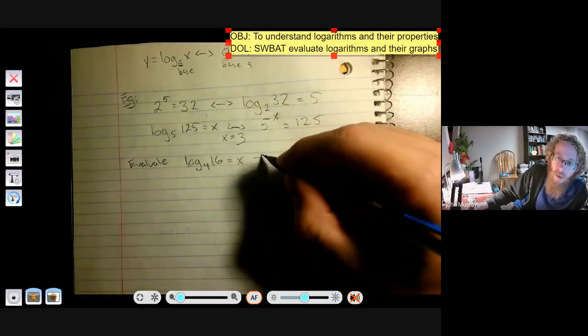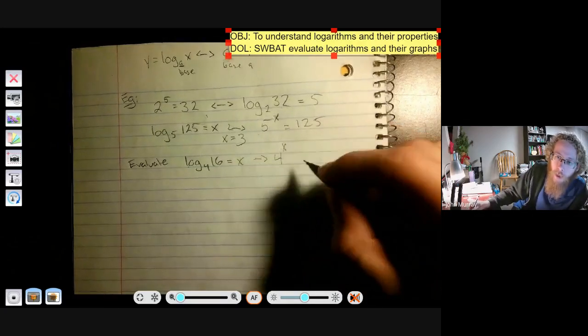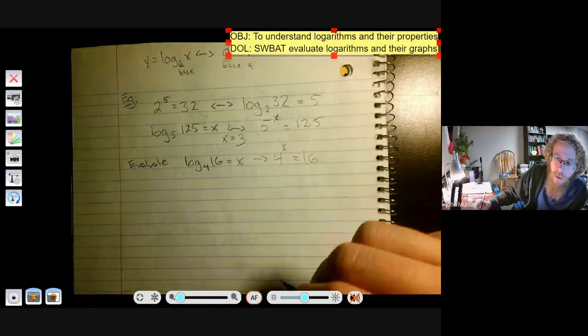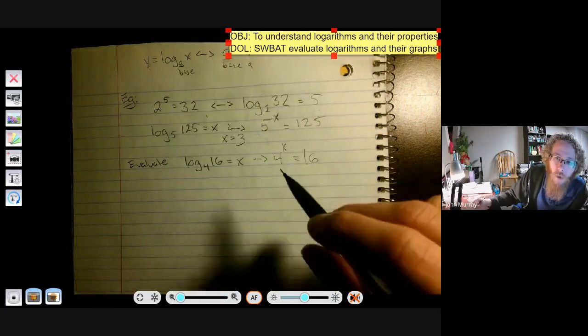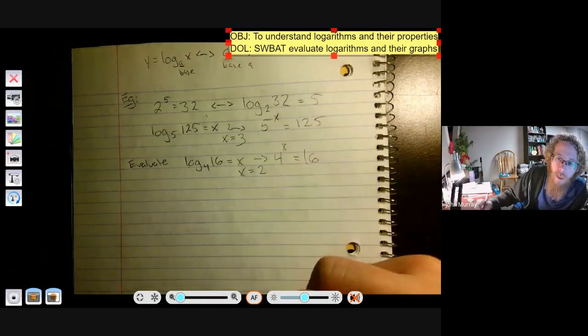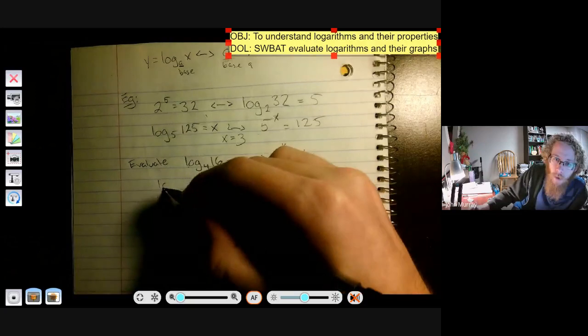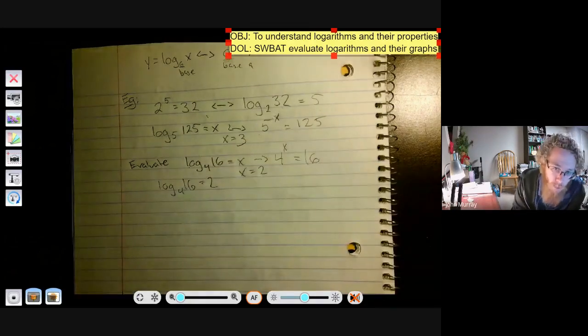You're going to change it to exponential form. So this is saying 4 to the x power equals 16. And then here it might be a little more clear. So 4 raised to the second power is 16. So you can say that the log base 4 of 16 is 2.